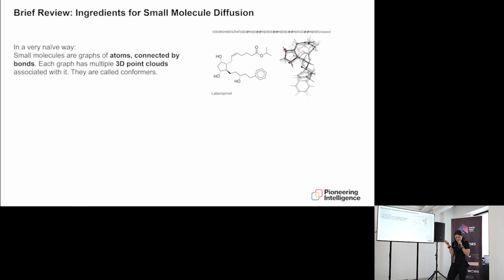And all these different 3D structures are important because they're all associated with energy. And as you know, nature prefers things that minimize energy. So it is important to know what molecule can have a conformer that is energetically favorable, or if you want to do docking, that's also very important.